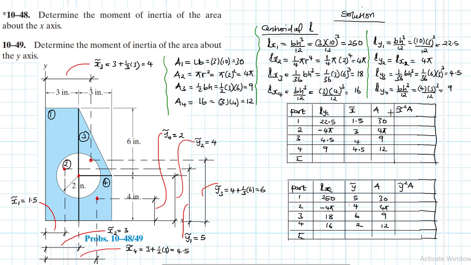And when we take the products, 1.5 squared by 30, we get a 67.5, and then a 3 squared by 4, we get a minus 36 pi, and then a 4 squared by 9, we get a 144, and then a 4.5 squared by 4, we get a 243.